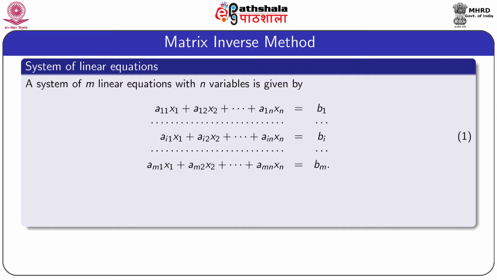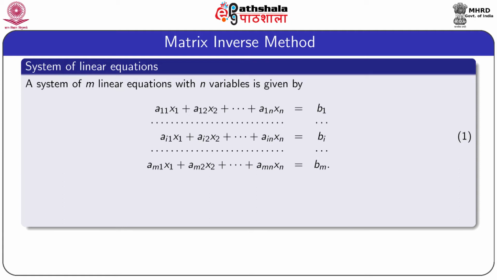A system of m linear equations with n variables is given by a11 x1 plus a12 x2 plus up to a1n xn equal to b1, and so on. The ith equation of the system is ai1 x1 plus ai2 x2 plus dot dot dot plus ain xn equal to bi, and the last equation of this system is am1 x1 plus am2 x2 plus dot dot dot plus amn xn equal to bm.